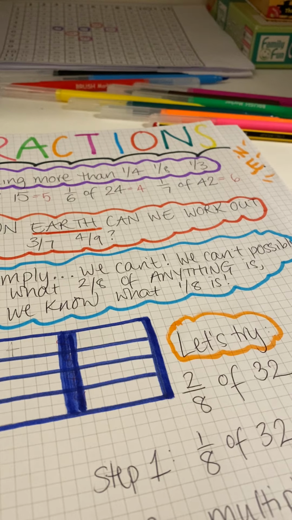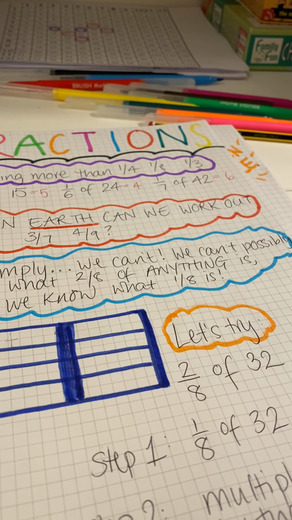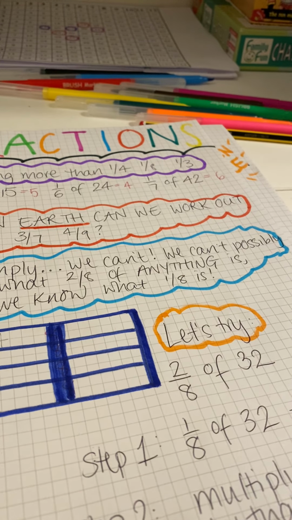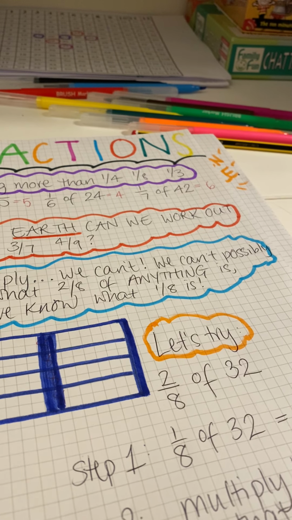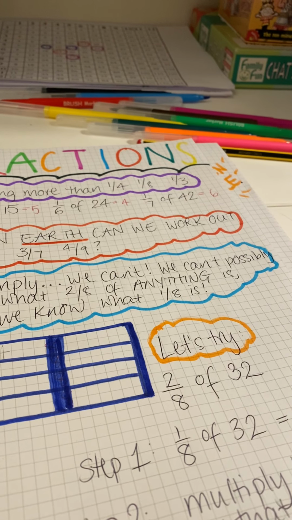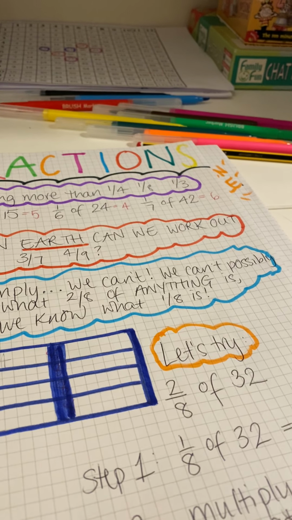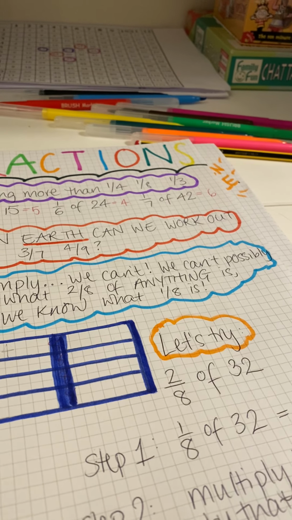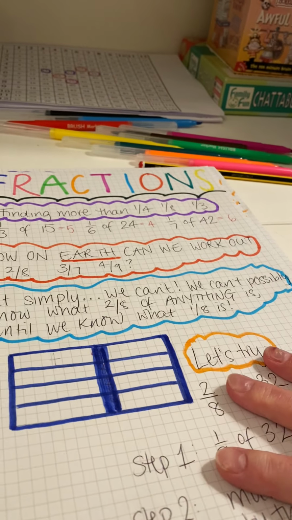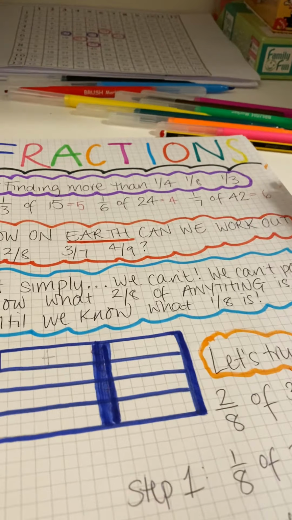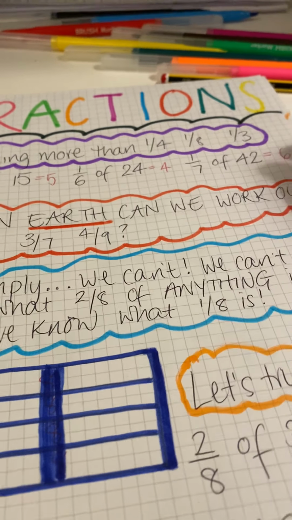We also looked at changing top-heavy or improper fractions to a mixed fraction, a number with a whole and a fraction in it. Today we're going to look at finding more than a quarter, an eighth, or a third.